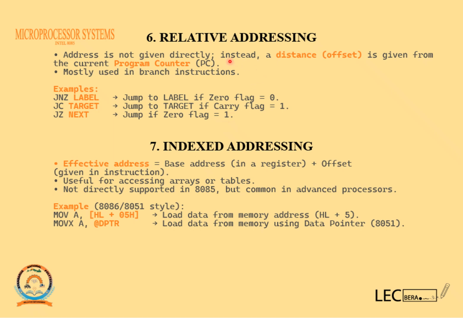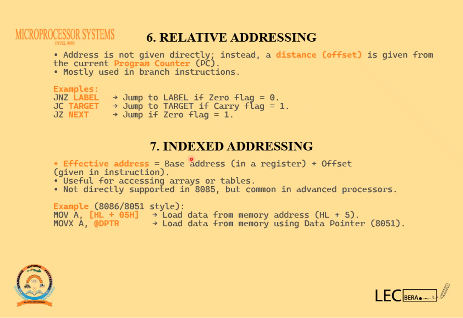These are types of instructions whereby you are going to branch to another instruction after something has happened. So we have to depend on a certain parameter for us to jump, and this one is called relative addressing. So we are addressing an instruction which is relative to what we are currently working on.